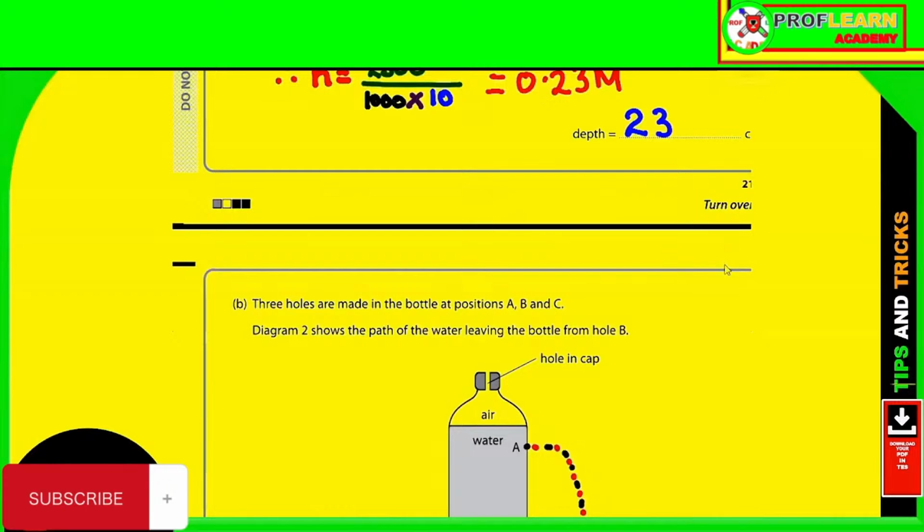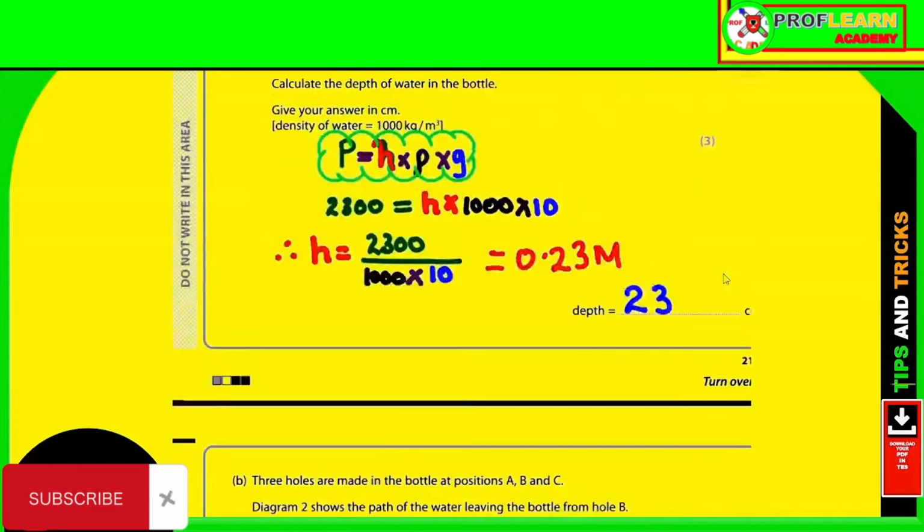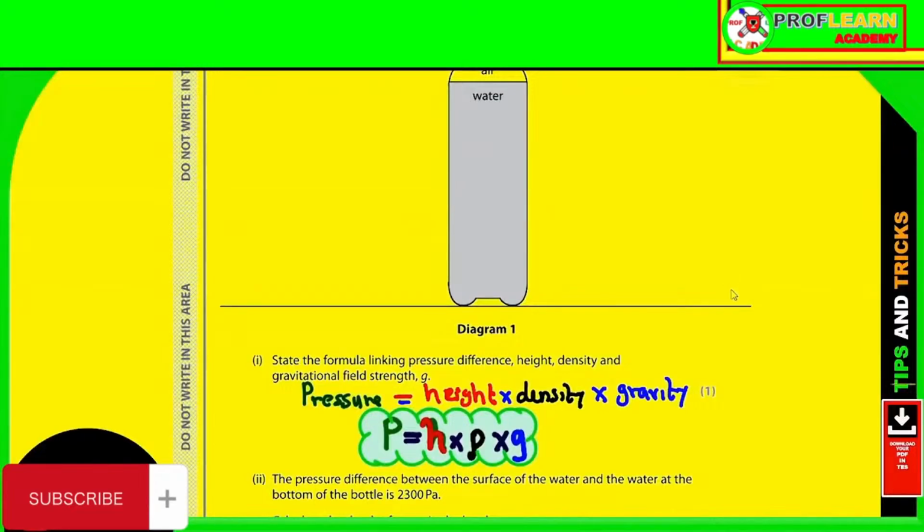3 holes are made in the bottle at positions A, B, and C, and we're given the path of water leaving the water bottle. Now, let us look at this diagram. Since pressure depends on the depth of the liquid, we shall have different pressure in this region, in this region, and in this region.